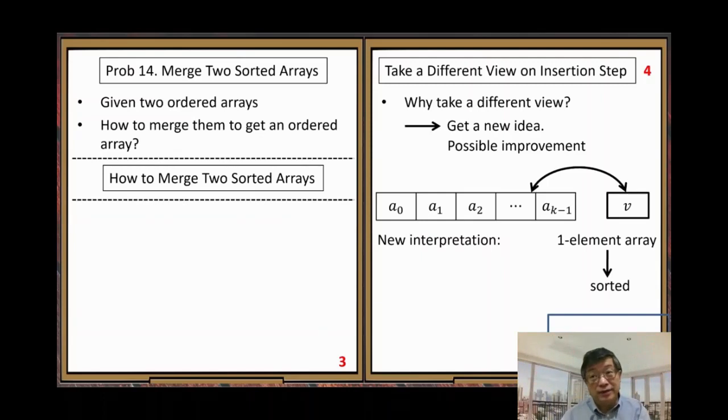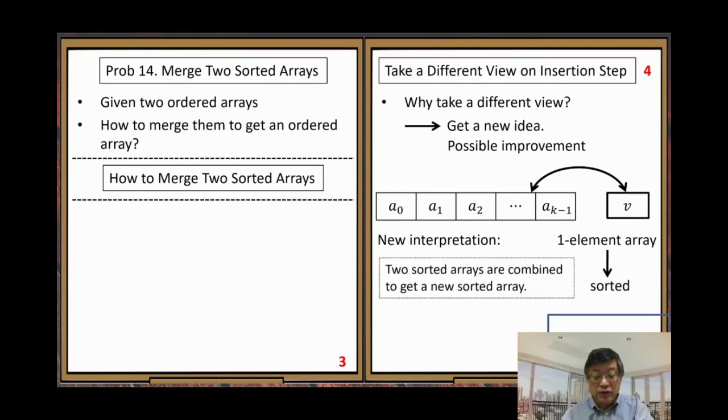How about that? So this is a new view. Although it's a very extreme case, just one array has only one element, it's fine. We can change that part. The new interpretation is two sorted arrays are combined to get a new sorted array.